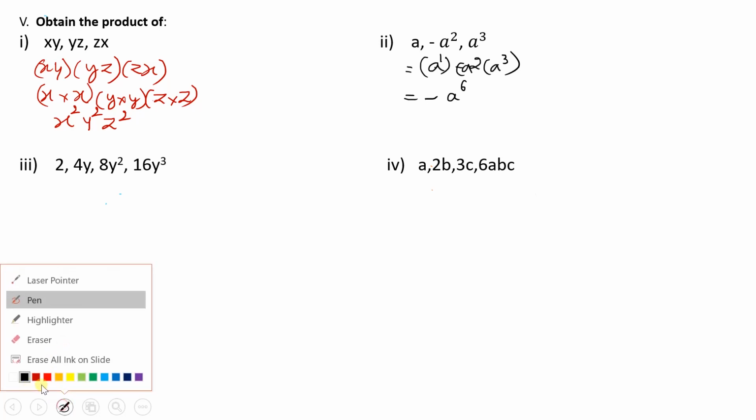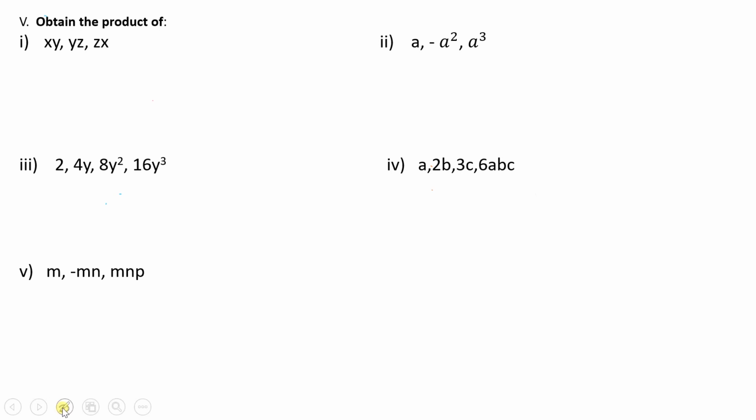Next, it is 2 into 4y into 8y square into 16y cube. Find the product of all the coefficients. 2 into 4 into 8 into 16 into y into y square into y cube. Okay.